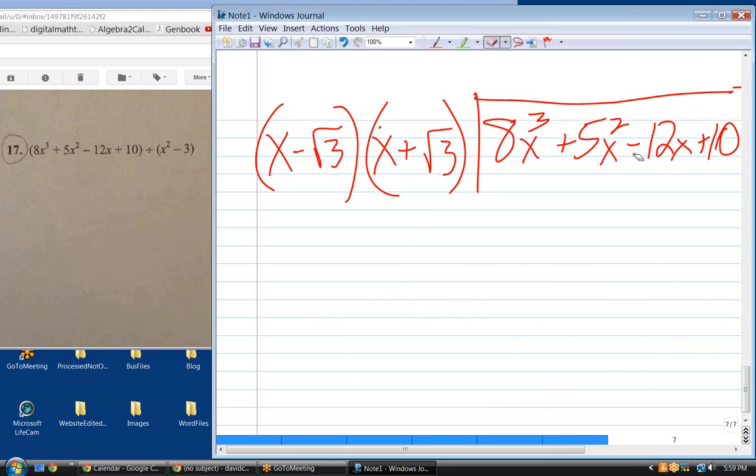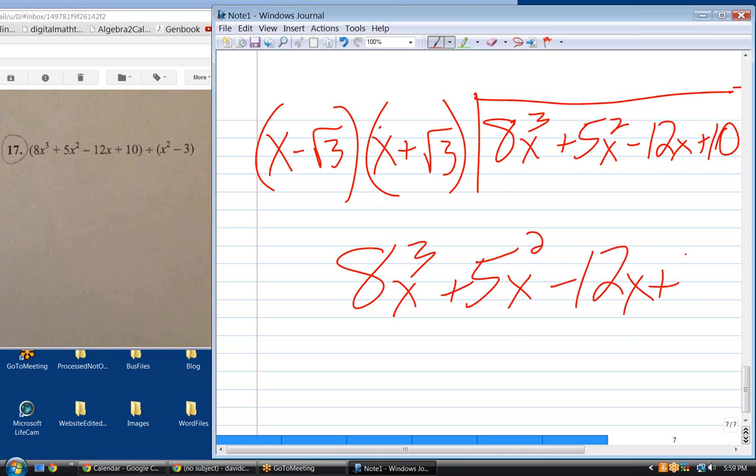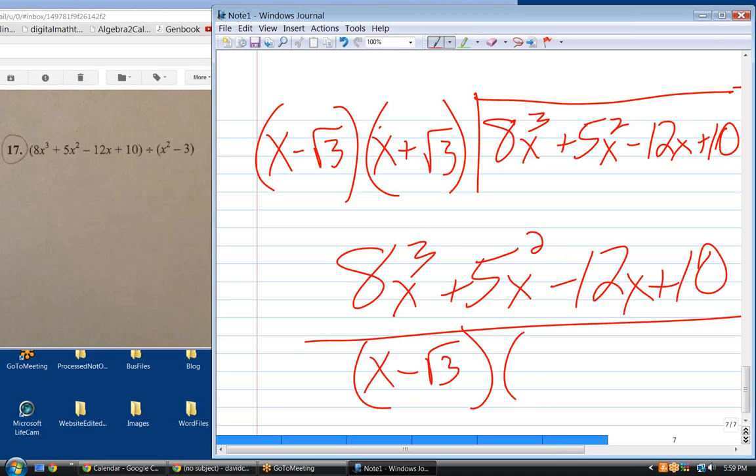If I have something divided by two things, well, I can write that like this. Divided by x minus root 3. Is this not the same problem?